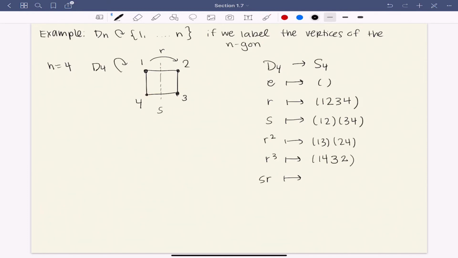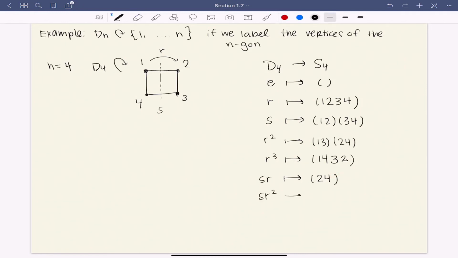So 2 goes to 4. 4, if we have a rotation and then the reflection, goes to 2. And then 3, if we do the rotation and then the reflection, we see that 3 is fixed. So sr, we knew would be a reflection, and it's the reflection (2 4).